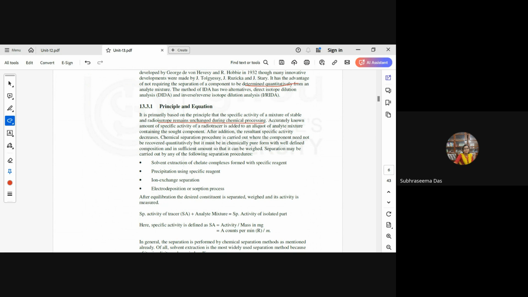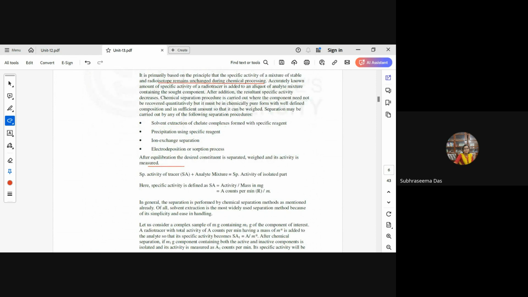After equilibrium is attained, the desired constituent is separated and its activity is measured. The specific activity of the tracer element mixed with that of the analyte mixture is equal to the specific activity of the isolated part, where specific activity is mostly measured in counts per minute.